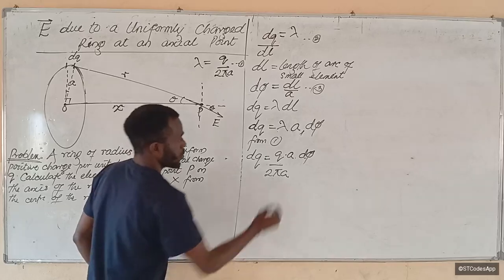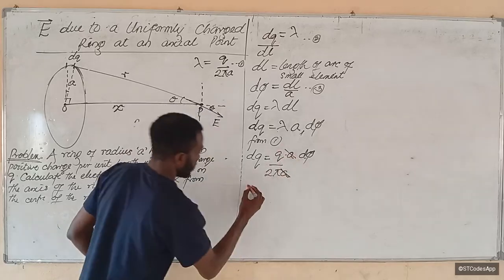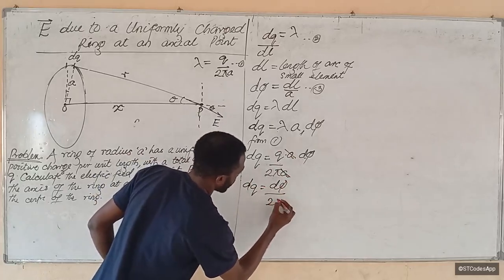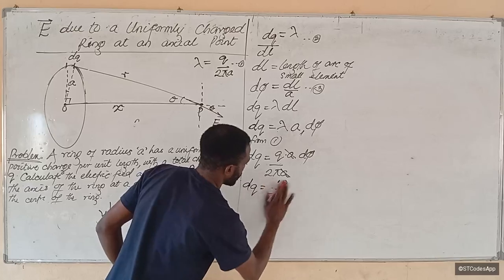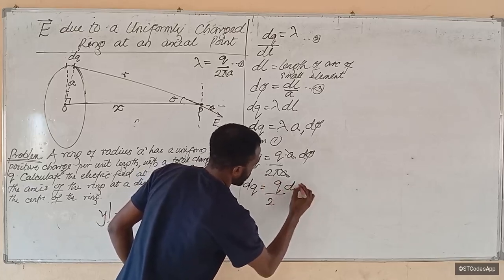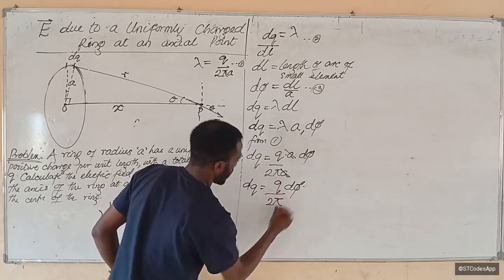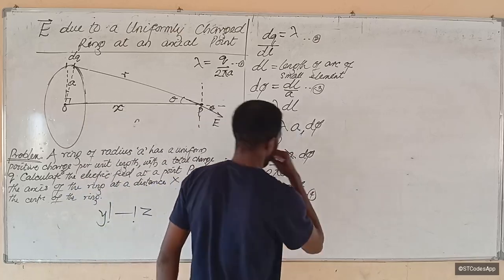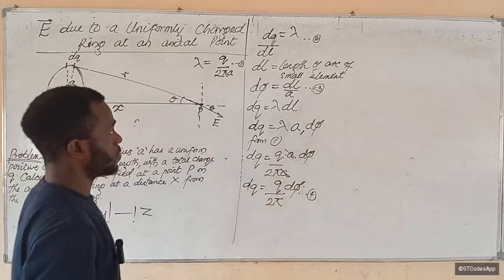All right, so a can take care of a, then dq will be equal to q d phi over 2 pi. All right, so let's hold this as our equation 4. Okay, we have equation 4.